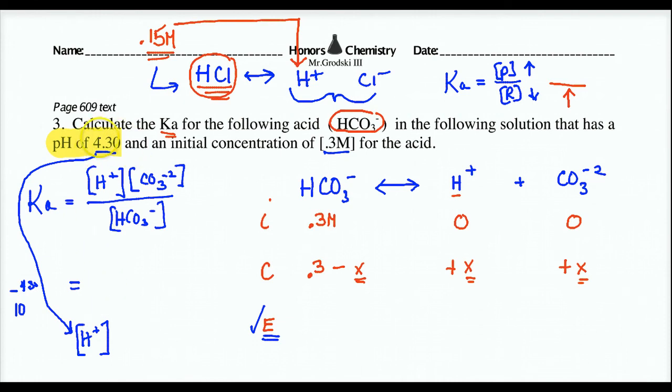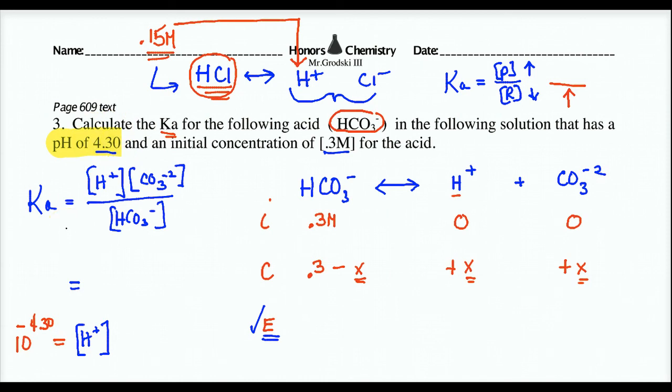This is a logarithm. So 10 to the negative. So let's write that a little neater. So what I'm going to do down here is do 10 to the negative 4.30. That's going to give me the actual concentration. Remember, this is a positive exponent. Okay, base 10.